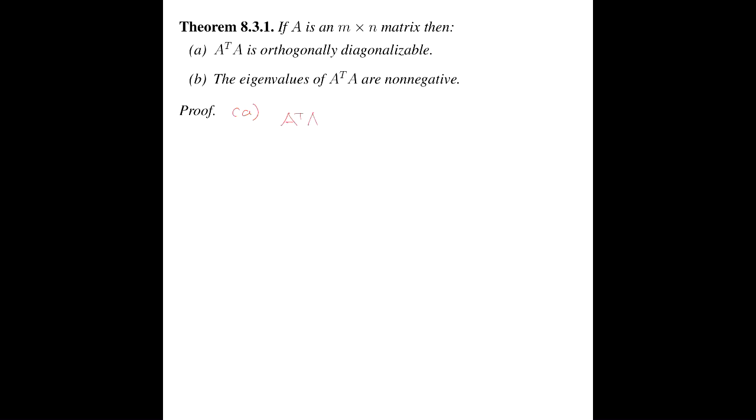And it is indeed symmetric because if we take the transpose, we exchange the order and put the transpose inside, then this is equal to A transpose times A. So indeed, A transpose A is symmetric, and then A transpose A is orthogonally diagonalizable.